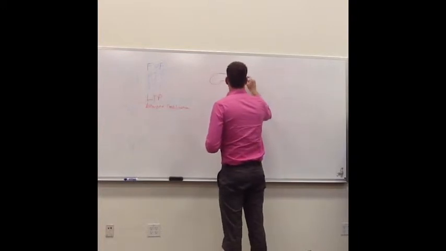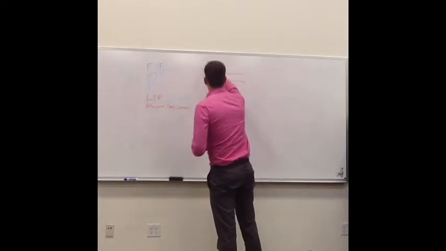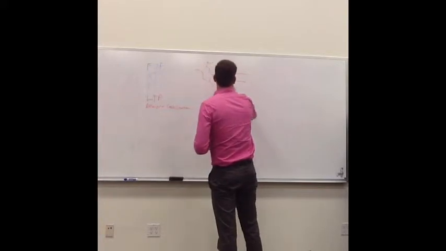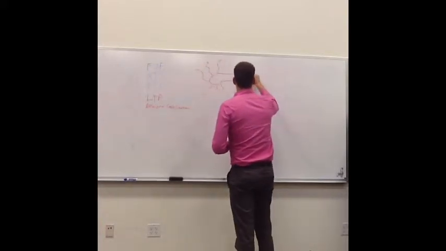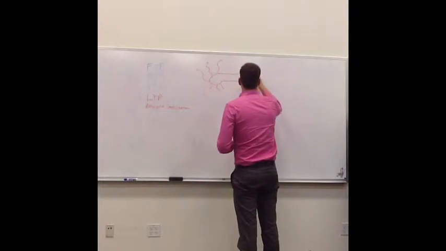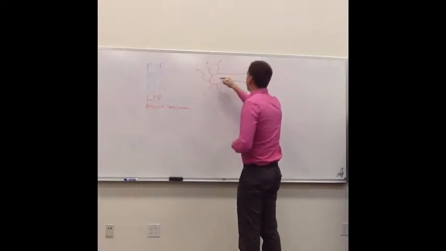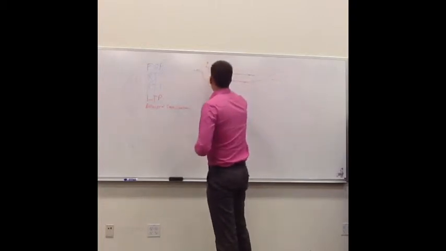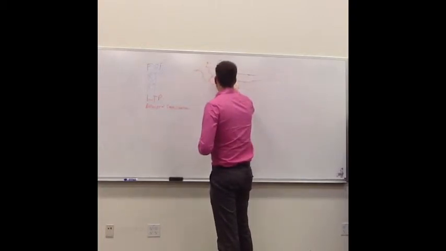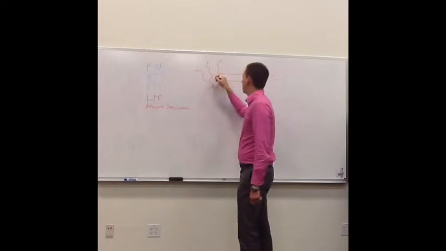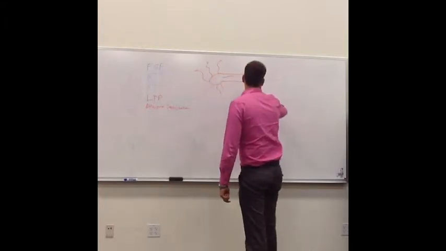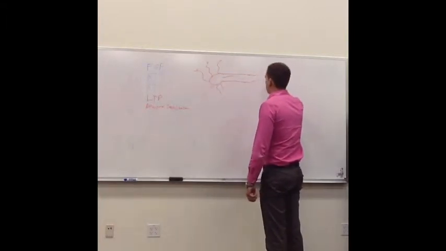You have all these dendrites coming into the neuron, and they're exciting the neuron here. Once it gets to enough excitation, it's going to send an action potential, and that's going to go out, and it's going to cause this neuron to fire.